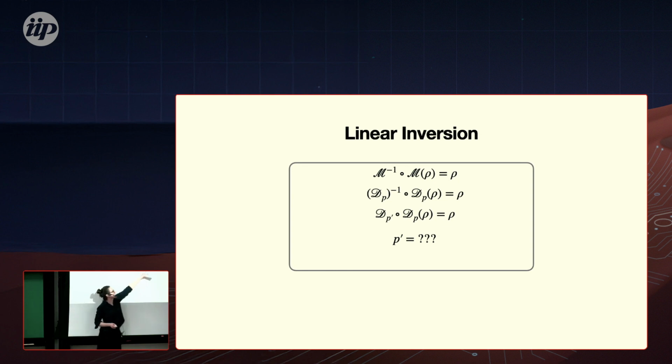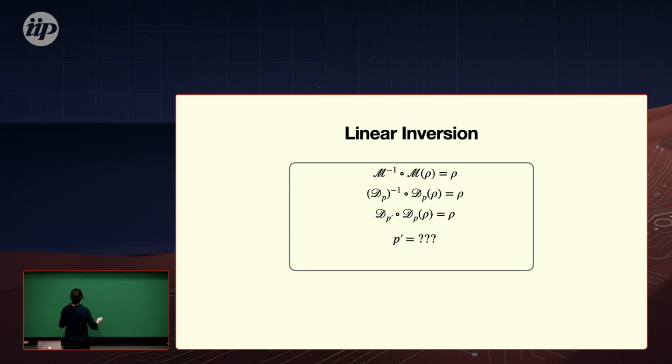And we will now quickly go over what is this p prime, such that my depolarizing channel with p prime acting after my depolarizing channel with p always gives back rho. This will be our last calculation for my lecture. And yes, okay. So inverting.